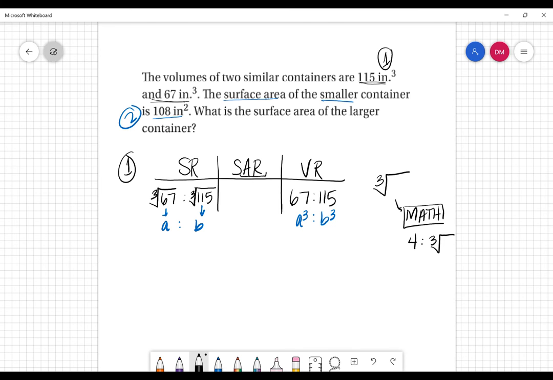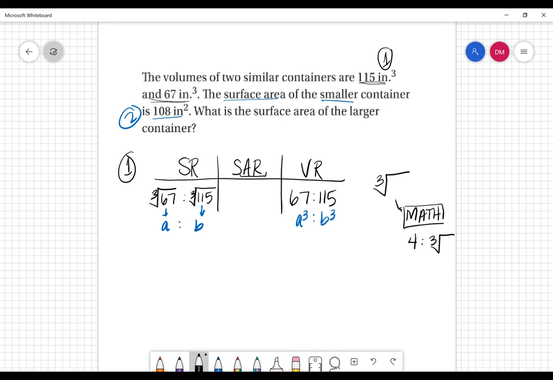So again, I'm going to take the cubed root of 67 and store that right away as alpha A. And then I'm doing the same thing for the cubed root of 115, storing that as alpha B. Okay, those are in my calculator.